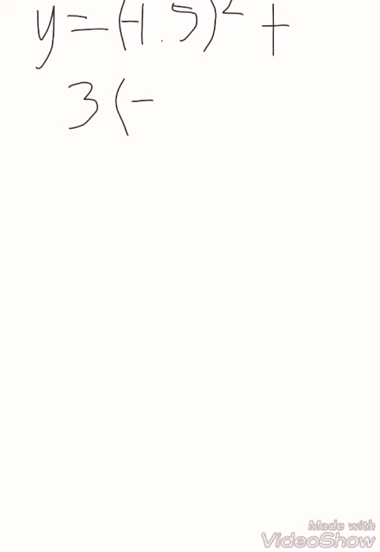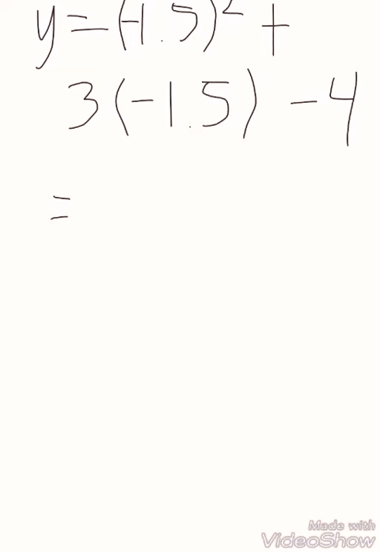After getting the axis of symmetry, we're going to get the vertex. How to get it? We're just going to substitute the axis of symmetry to the x of the equation that I typed earlier. So y equals negative 1.5 to the second power plus 3 times negative 1.5 minus 4.